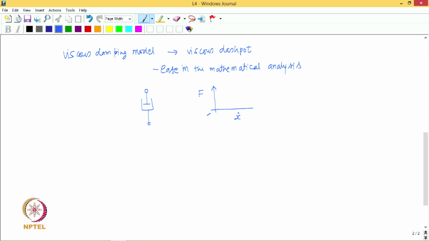F is proportional to velocity, and the constant of proportionality is c, which is referred to as the viscous damping coefficient.